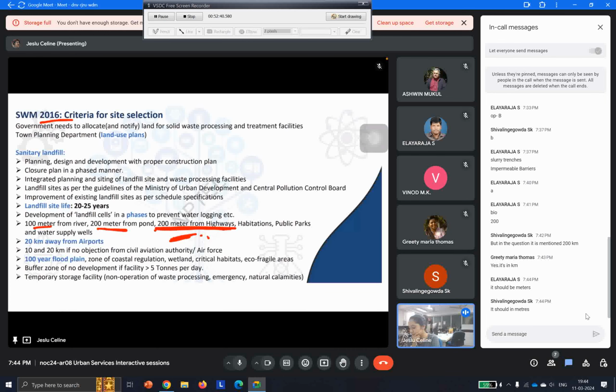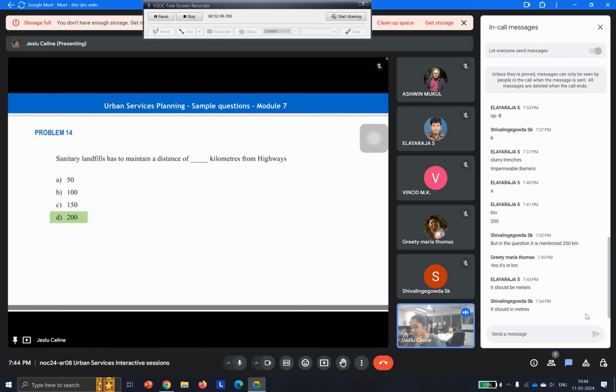It should ideally be meters only, because 200 kilometers is a very, very long distance. So it is definitely not going to be kilometers. This question was there in the previous year's assignment as kilometers itself, so maybe a mistake was made in that assignment. Don't mind. Yeah, it should have been meters. Thanks for pointing that out. I did not notice that.